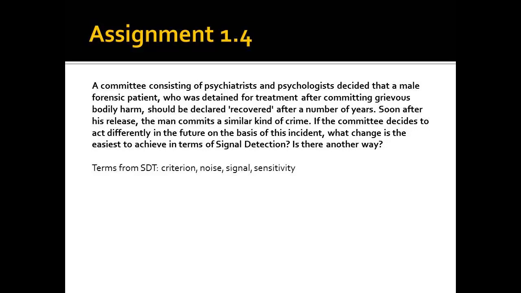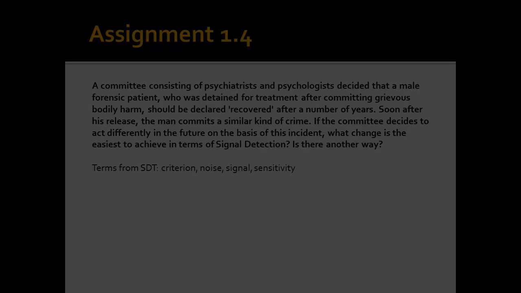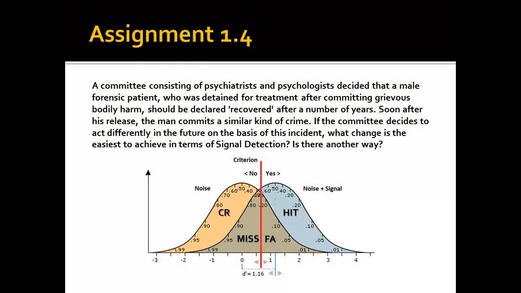So what can the committee do, and what could you do to minimize their false alarms in the future? Well, you'd want to change your criterion. But do you move it to the left or to the right? Which direction would increase the area of false alarms, and which direction would decrease the area of false alarms?